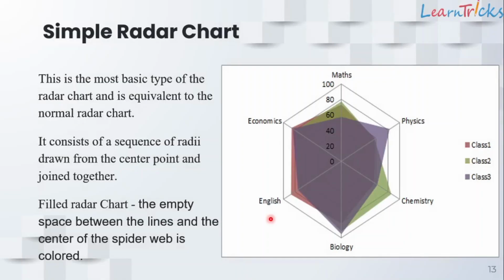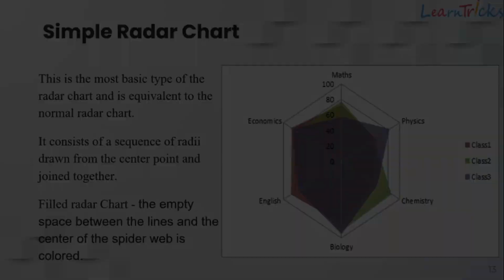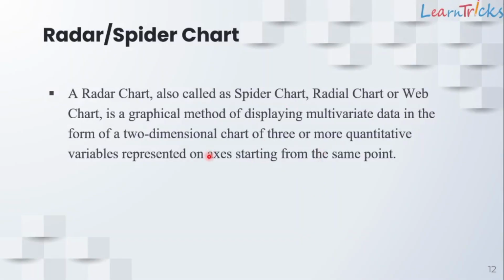Now the first one is the simple radar chart. This is the most basic type of radar chart and is equivalent to the normal radar chart. It consists of a sequence of radii drawn from the center point and joined together. As we have seen in the previous definition, the axes start from the same point.